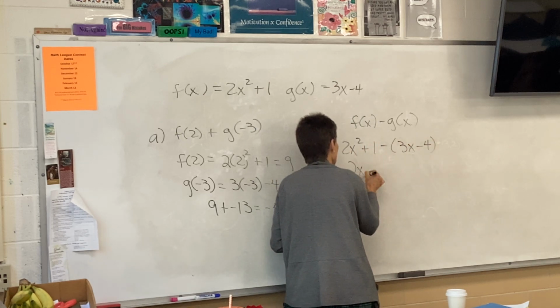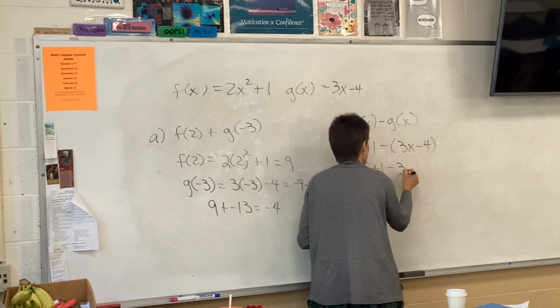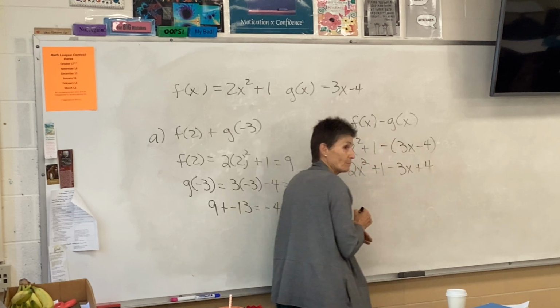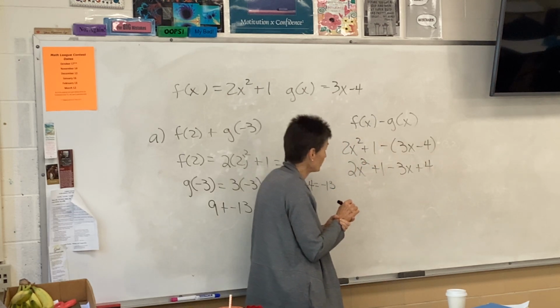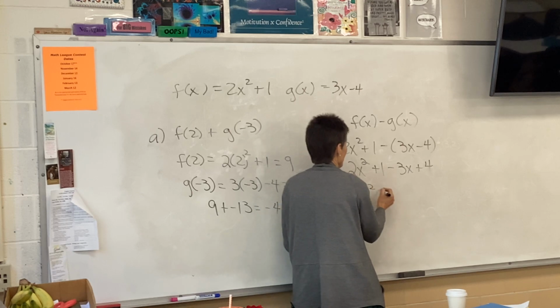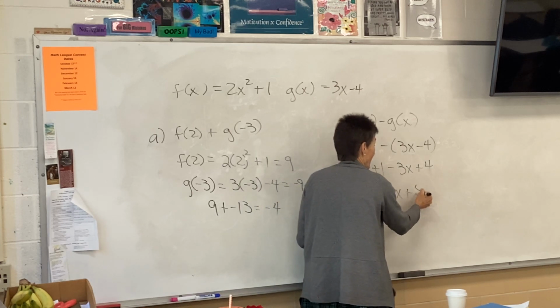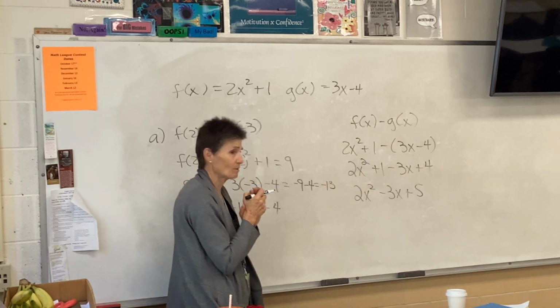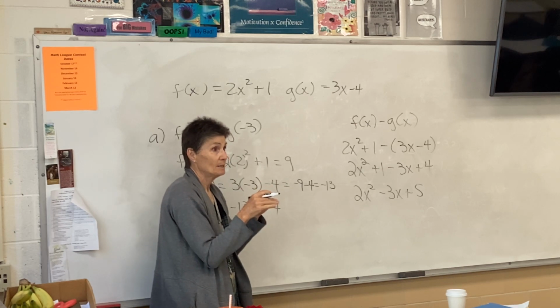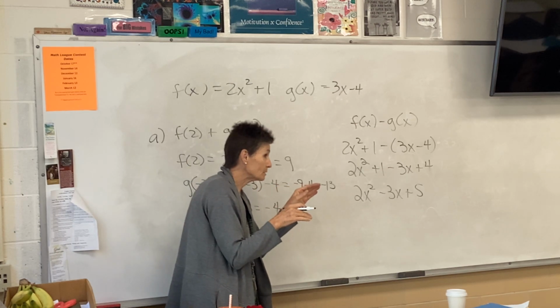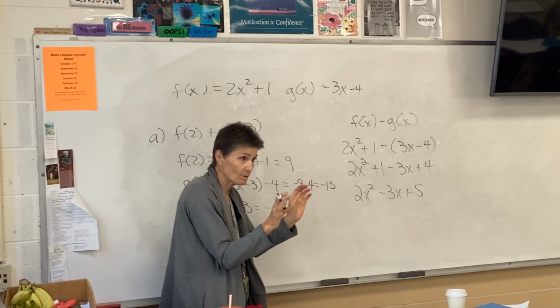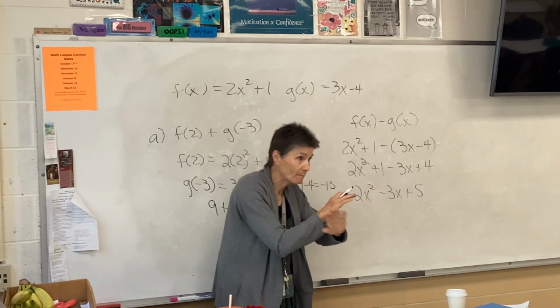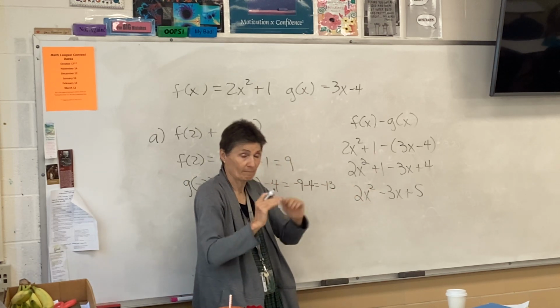So it's going to be 2x squared plus 1 minus (3x minus 4). And then I'll clean it up: 2x squared minus 3x plus 5. And then I stop. It doesn't say solve. It's not equal to 0. There's no quadratic formula. I'm done.